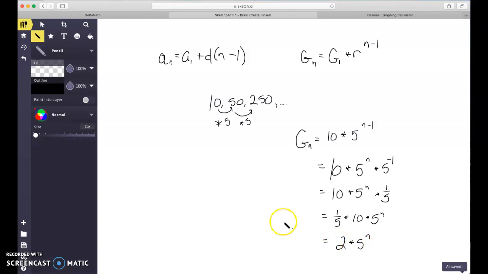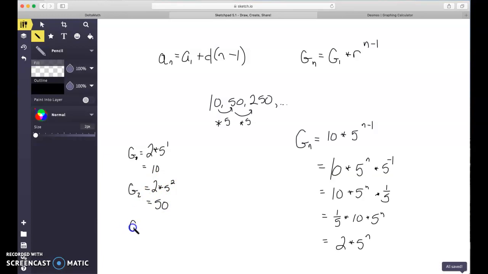And if we're not sure if that works, we can try out a couple, right? G sub 1 would give me 2 times 5 to the first power, which, 2 times 5 is 10. If I wanted to find G sub 2, I would do 2 times 5 to the second power, and 5 squared is 25, times 2 is 50.